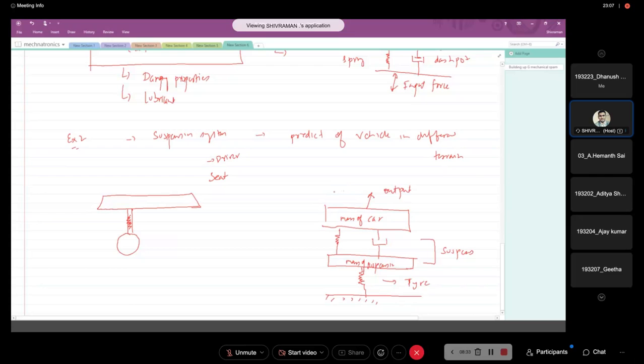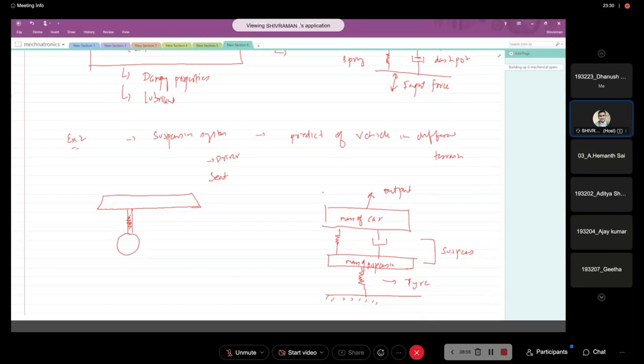So basically, while developing any model, the thumb rule is that your model should be a replica of the real-time system, and it should not be complex. But it can be used to predict the behavior of a real-time system very closely.